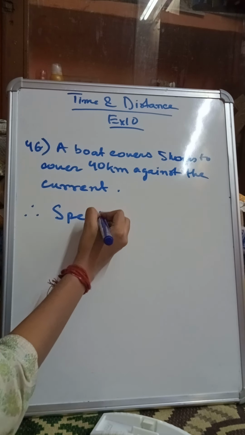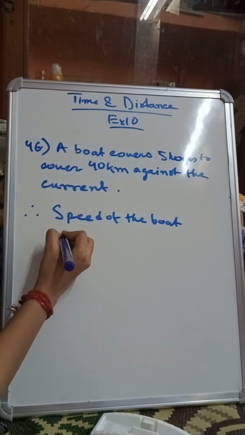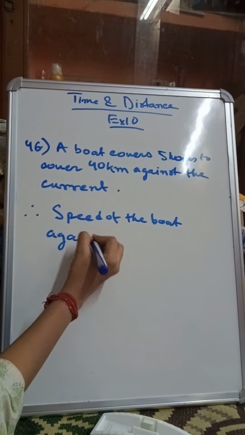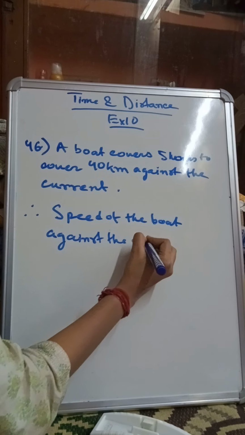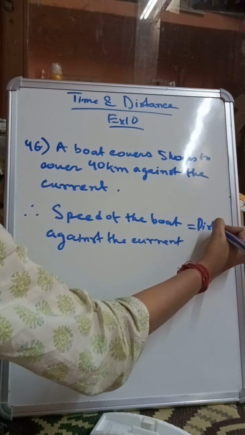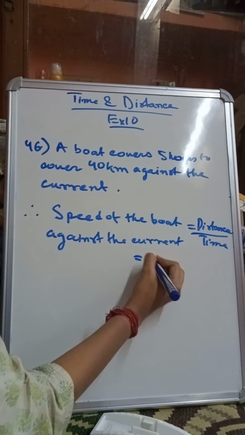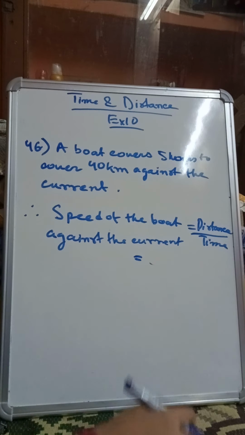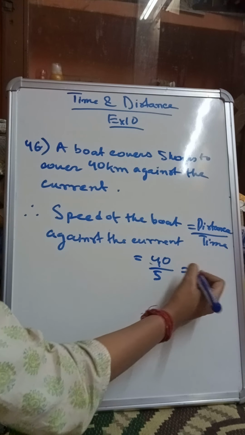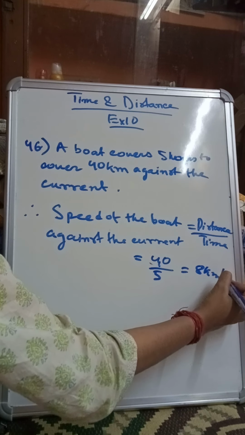Therefore, the speed of the boat against the current will be distance by time. What is the distance? It is 40, and what is the time? It is 5. So 40 by 5 is 8. So 8 kilometers per hour.